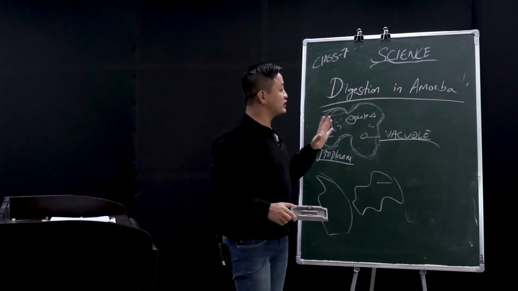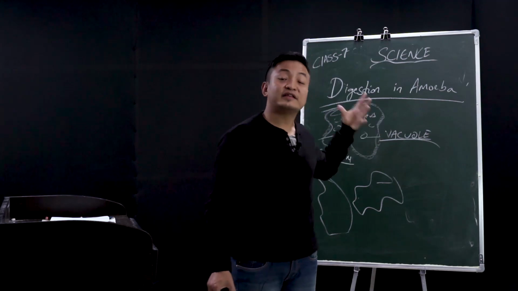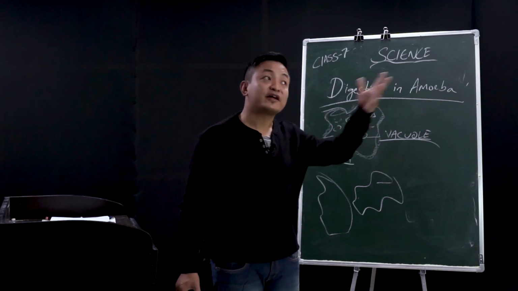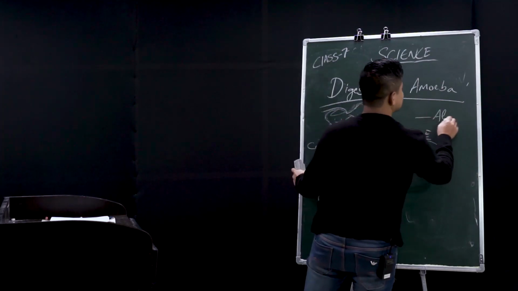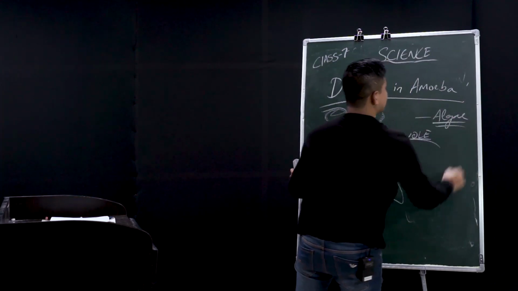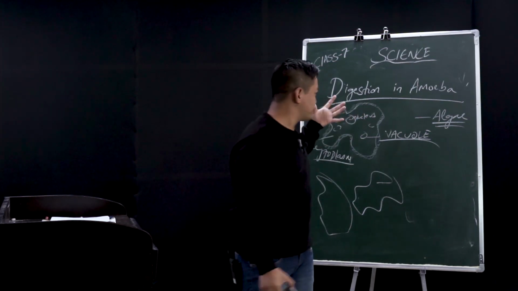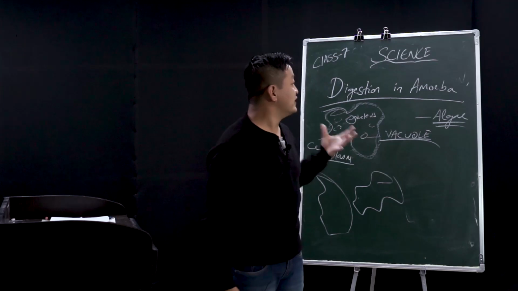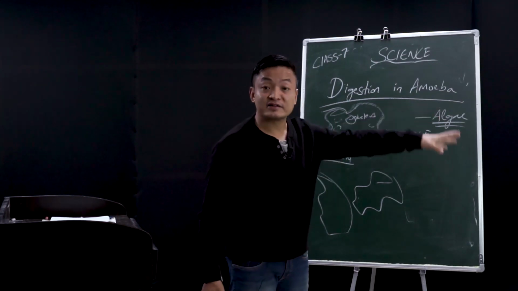Now, these are microorganisms, but they feed on other microorganisms like algae. Algae is also a microorganism, but for survival they also need food, right? So they feed on microorganisms like algae.